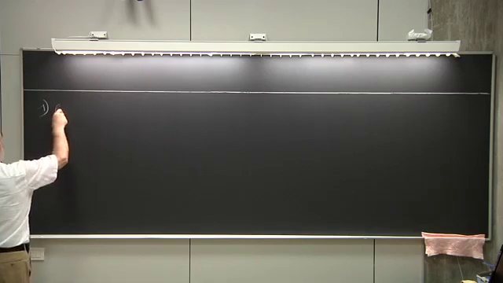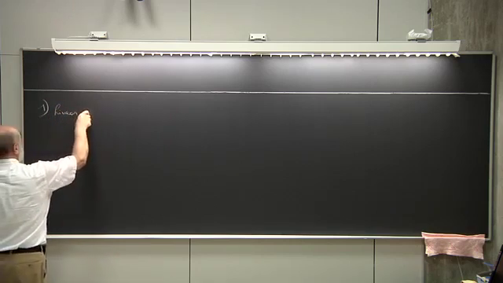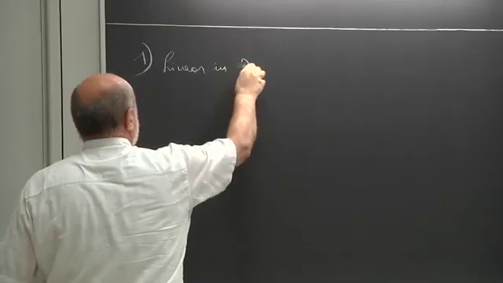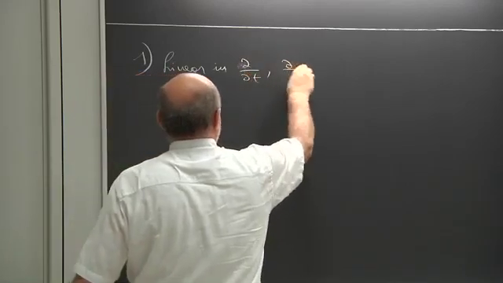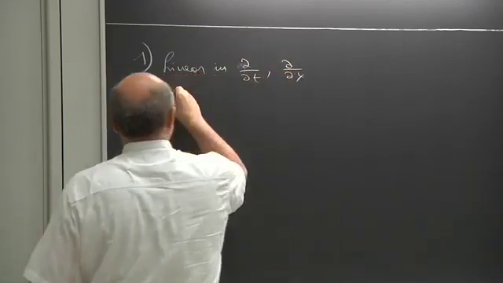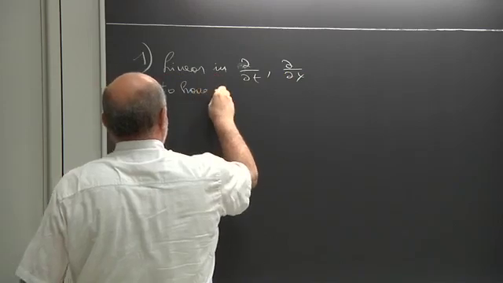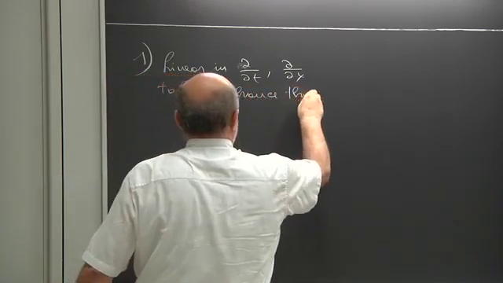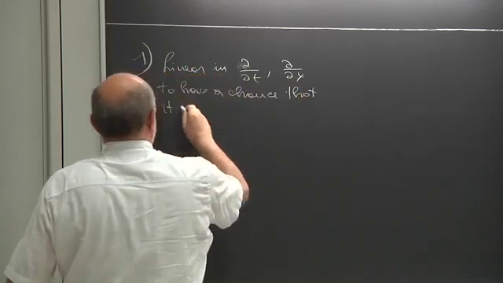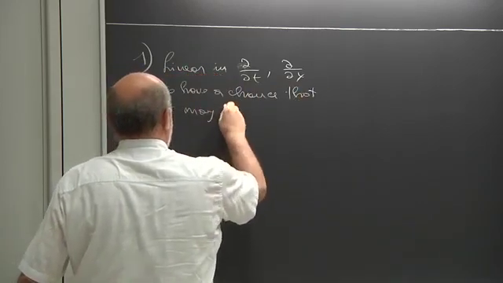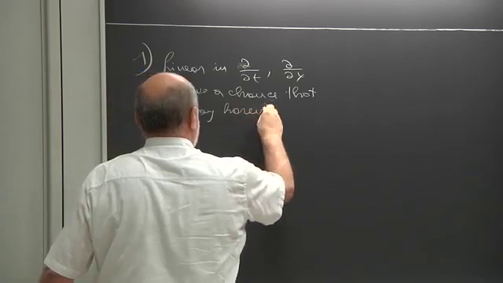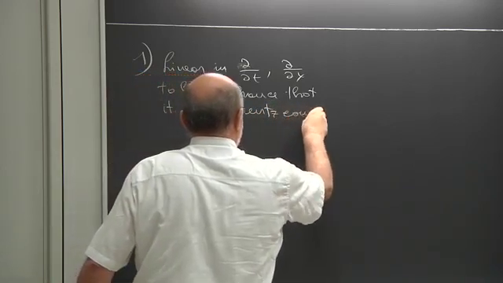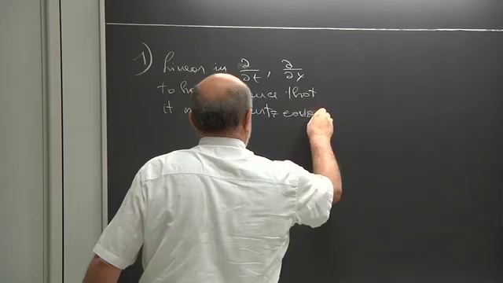He wanted it linear in the derivative with respect to t and the derivative with respect to x, to have a chance that it might be Lorentz covariant. That was the first condition.